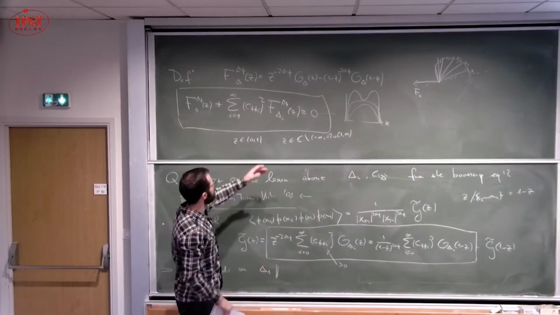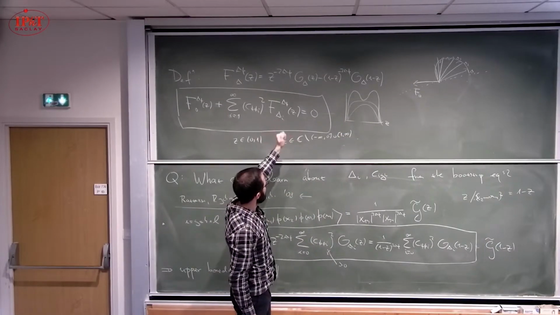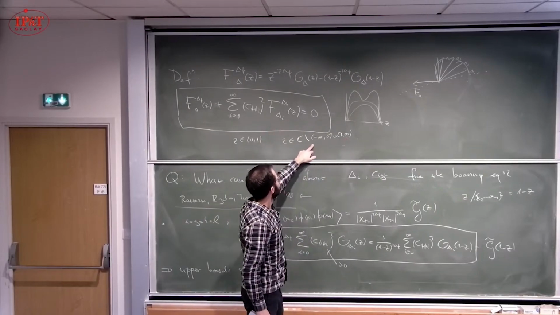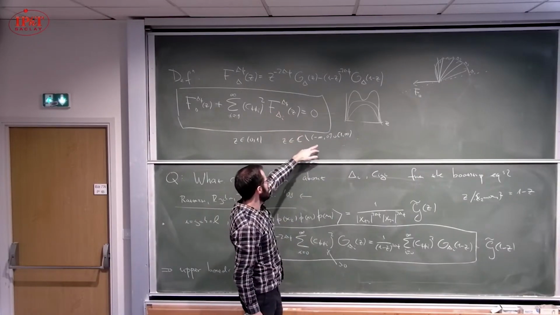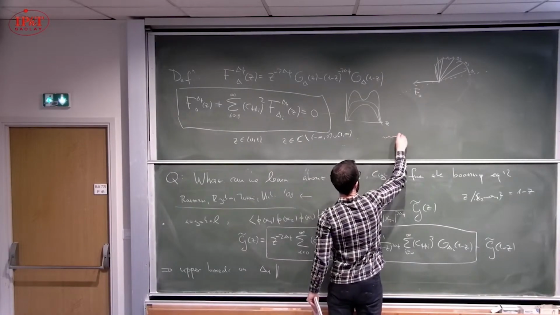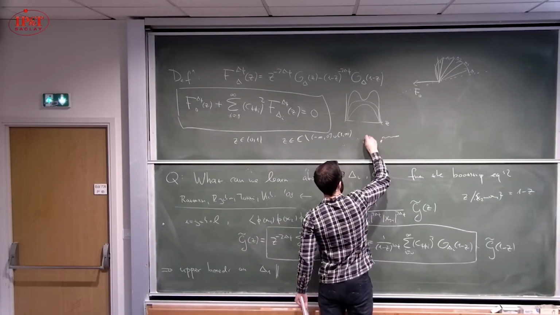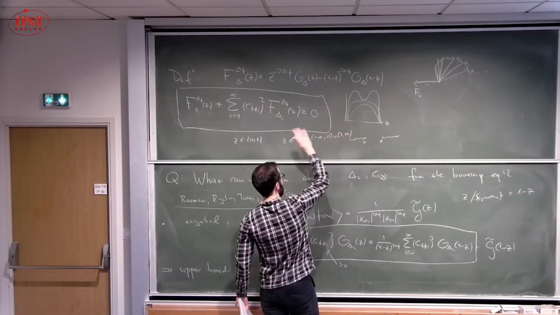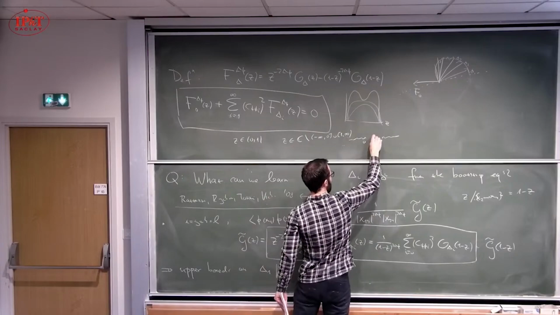So the function g has a logarithmic branch cut starting at 1, going to infinity, and it also has a parallel branch cut starting at 0, going to minus infinity. Kind of looks like that. And the second term is just a reflection around z equals 1/2.